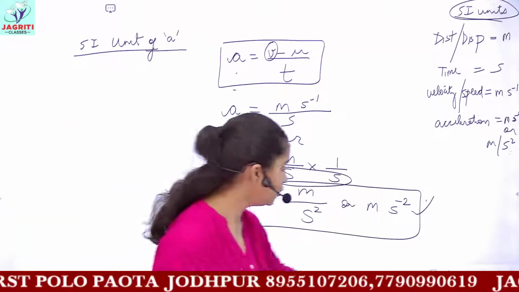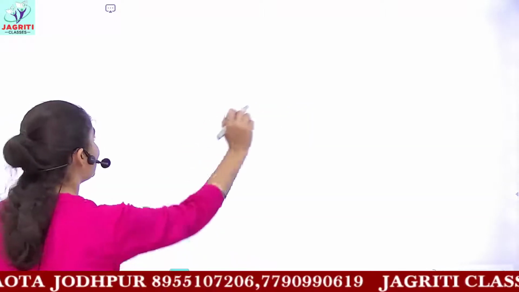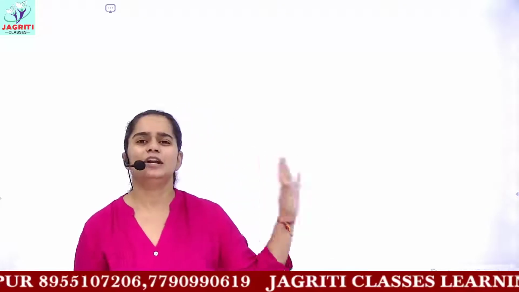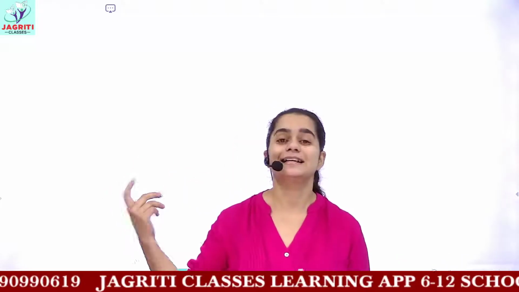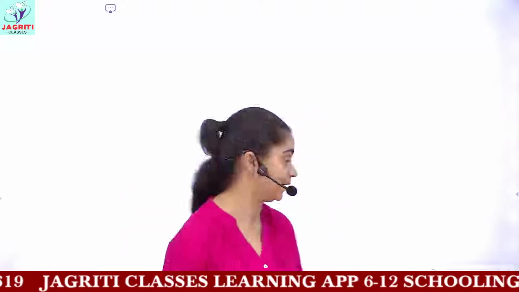Now for solving numericals, one more conversion factor is required. For solving numericals related to acceleration, speed, velocity, your SI unit would be meter per second for speed and velocity, and meter per second square for acceleration.